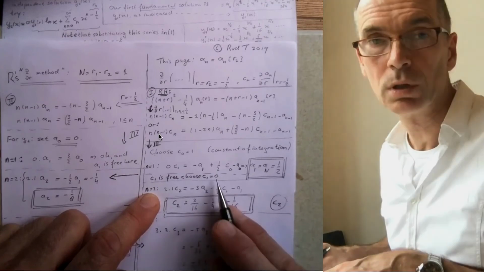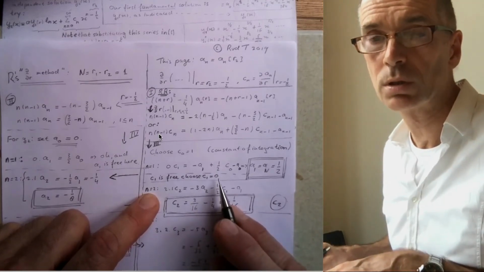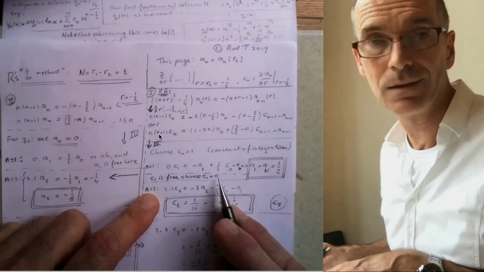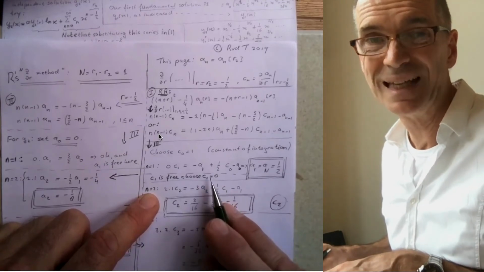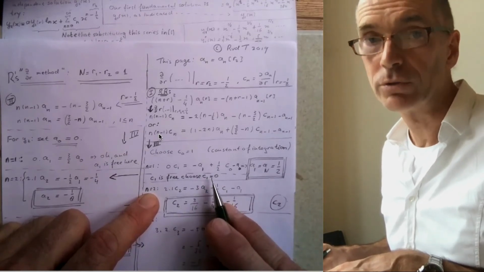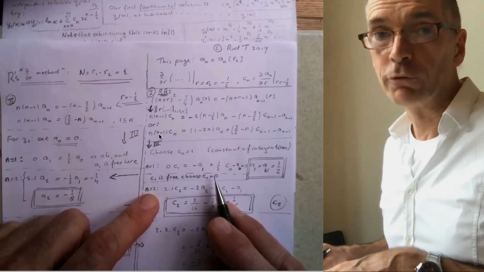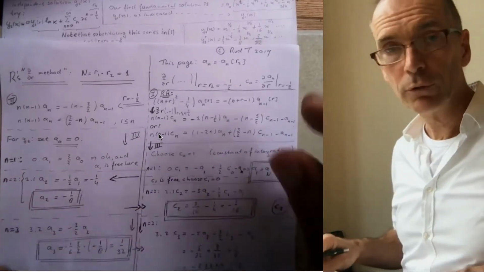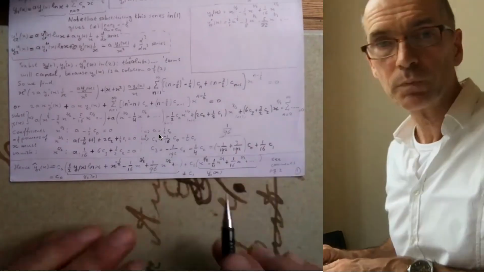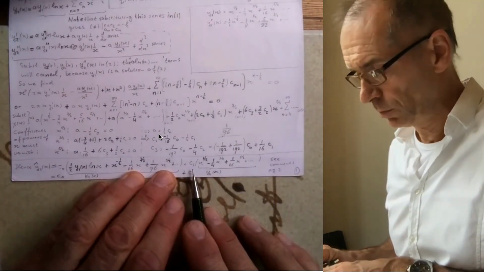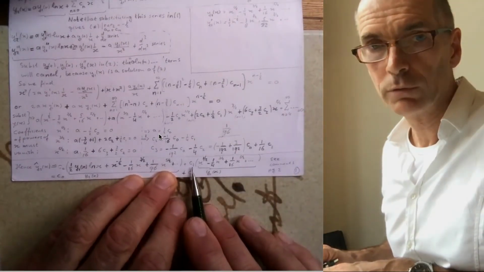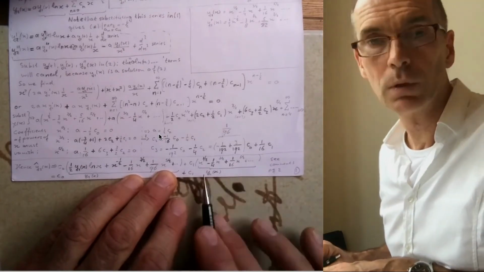So you can choose it any way that you like. The C1 is Cn, capital N, is really free. If you keep it free, you will find what we found on the previous page, that is the constant of integration that multiplies the y1.